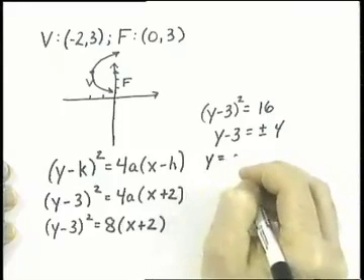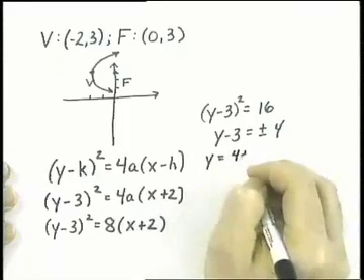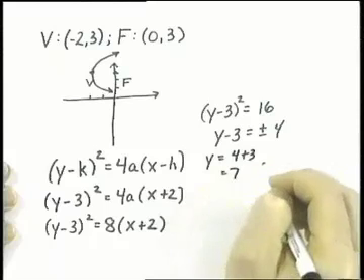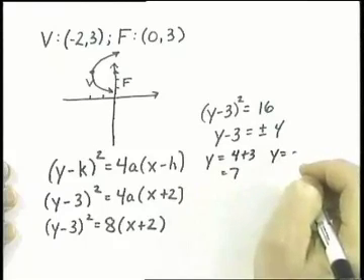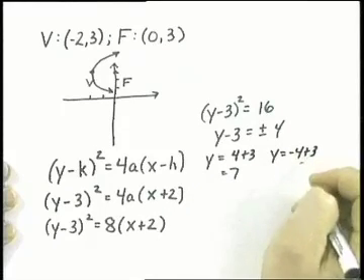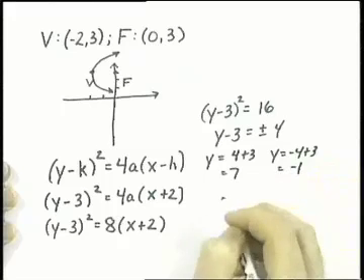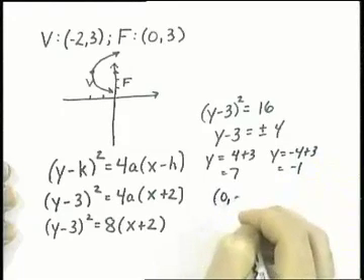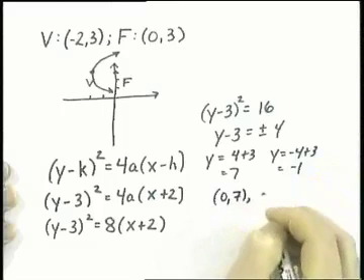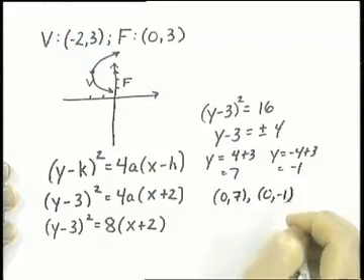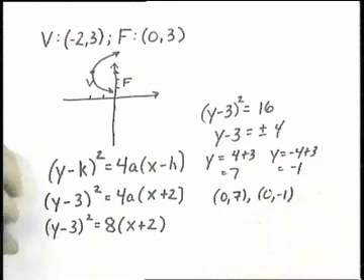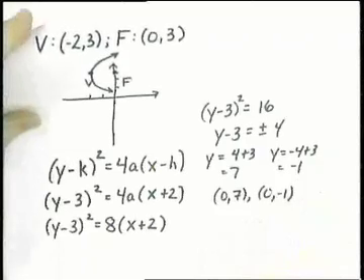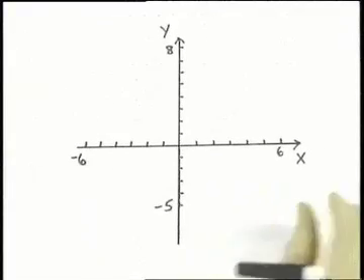So y equals 4 plus 3, or 7, or y equals negative 4 plus 3, or negative 1. So the points that make up the latus rectum are 0, 7, and 0, negative 1. I'm going to use those points to help me graph the equation.